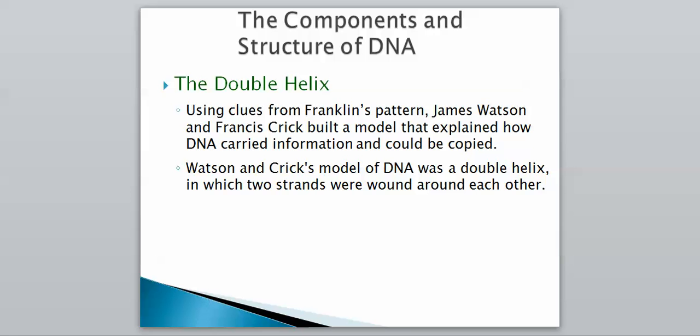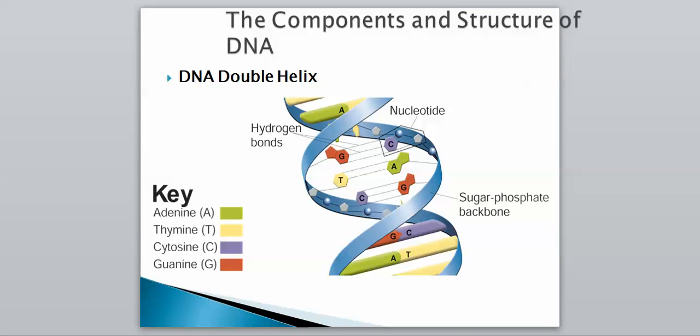Watson and Crick's model of DNA was a double helix in which 2 strands were wound around each other. So we will take a look at the picture of what this looks like. Double meaning 2, and helix is just the shape that it forms. So here is the shape of our DNA. As you can see, it wraps around each other in our double helix, and if we look at the bottom, adenine and thymine are matched up with each other, our nucleotides.